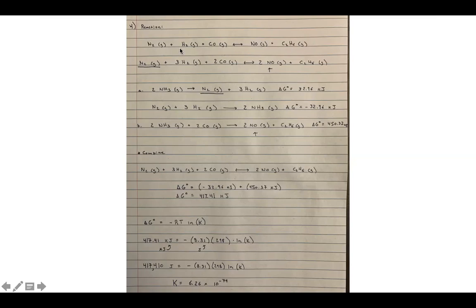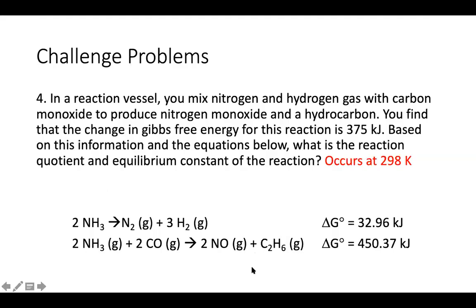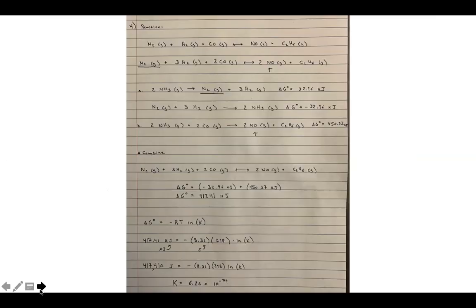Hydrogen and nitrogen we know are gases, but for carbon monoxide, nitrogen monoxide, or the hydrocarbon, I got the states of matter from the two given reactions below, where our hydrocarbon is clearly in the gas phase.